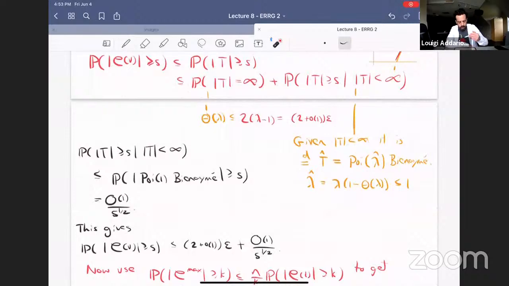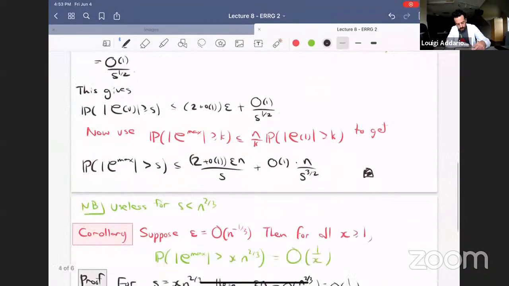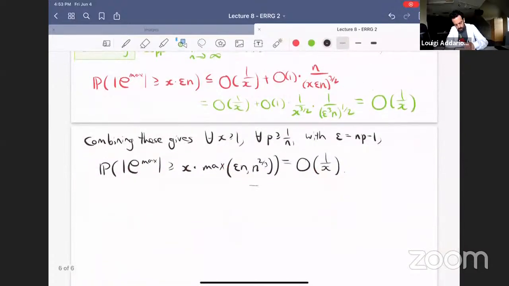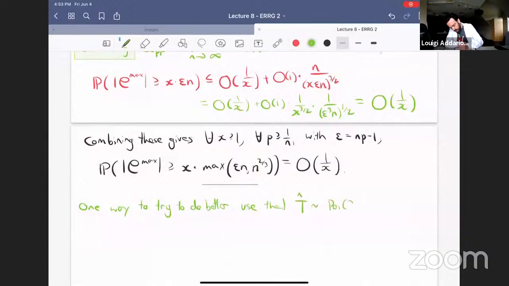So a natural attempt, let me say one way to try to strengthen these bounds, would be to use that T hat is Poisson lambda hat Galton-Watson.